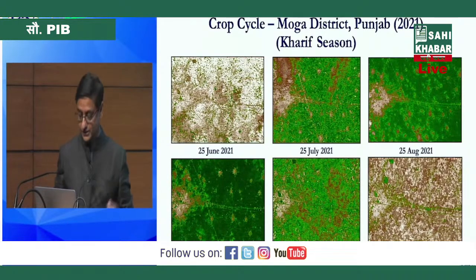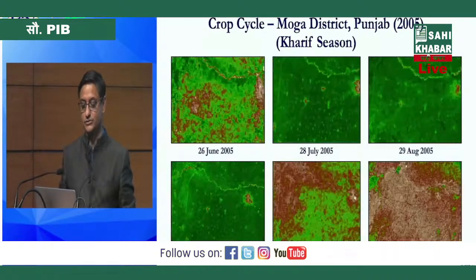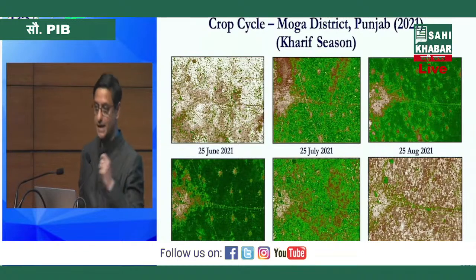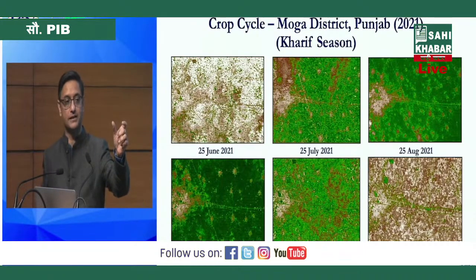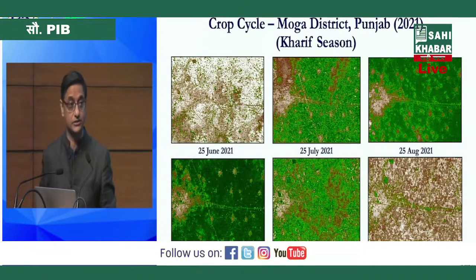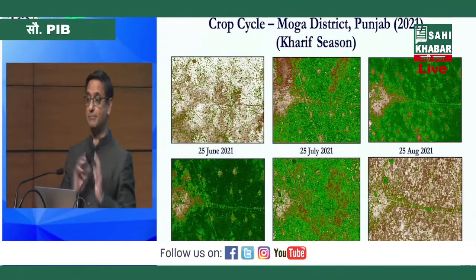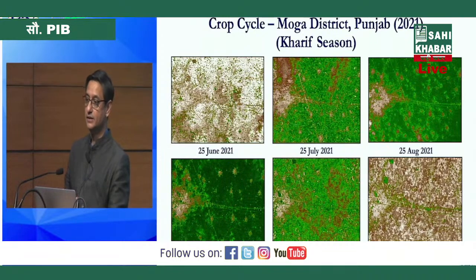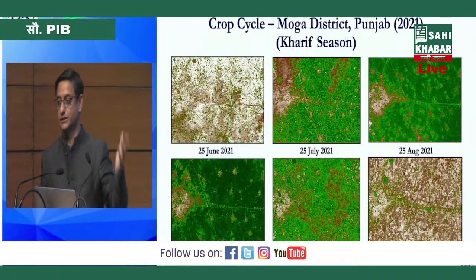So this is an interesting thing, just to go back so that you see what the difference is. And this is important because essentially what has happened is that the crop cycle has moved by 2 to 3 weeks. Now this is critical because the gap between the Kharif harvest and the Rabi sowing has essentially disappeared.